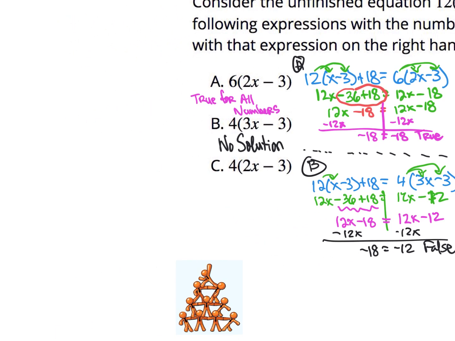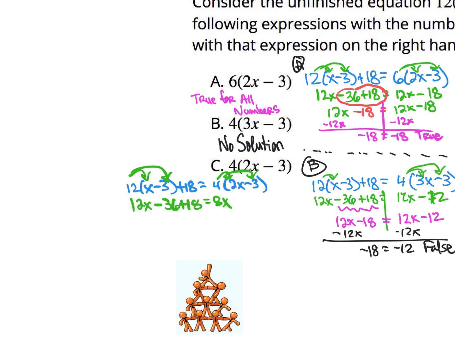And then let's go ahead and try C. So we are going to say 12(x minus 3) plus 18 equals 4(2x minus 3). Multiplying your 12, we're going to have 12x minus 36 plus 18, because you have to do both, equals 4 times 2x is 8x, and 12.